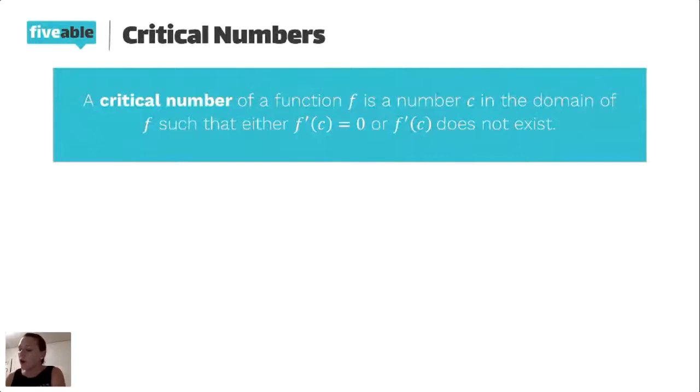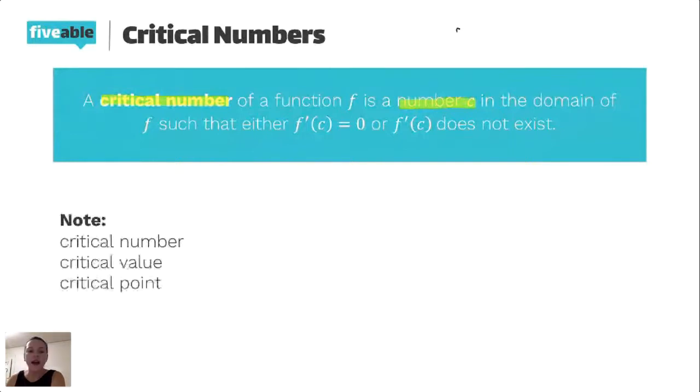Now, a couple things to make note of as we start to talk about critical numbers. A critical number itself is that number c, which is the x value. But you might also hear other things like critical value or critical point.